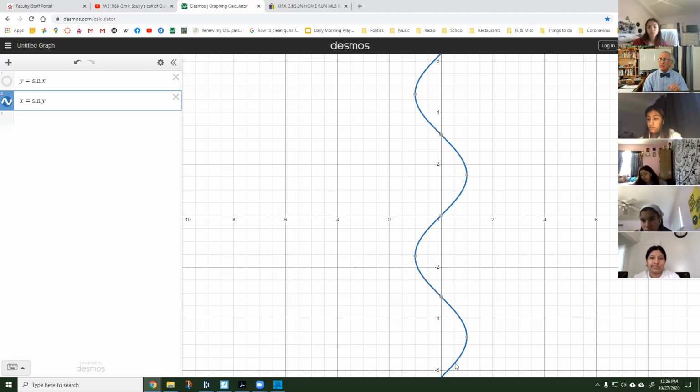I have to make it into a function. And in order to make it into a function, I am going to restrict the domain of the sine function to negative pi over 2, pi over 2. So let's take a look at what that means.